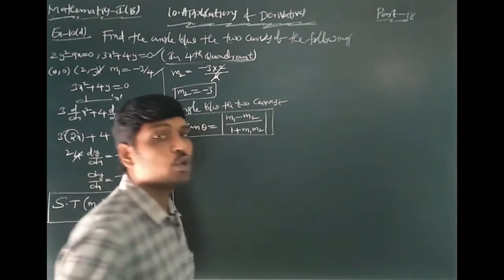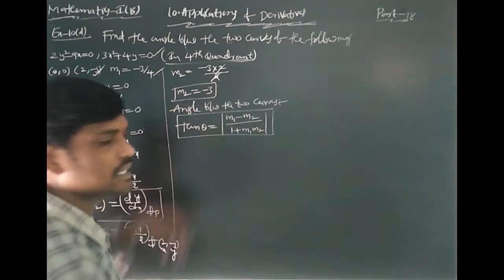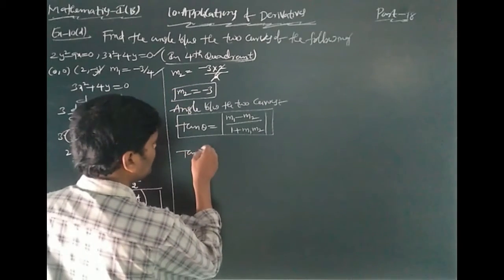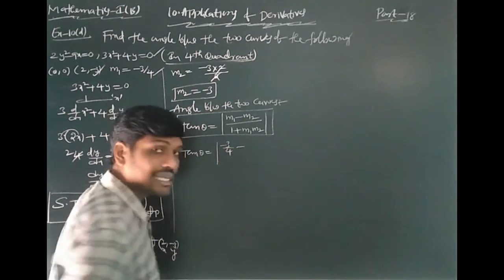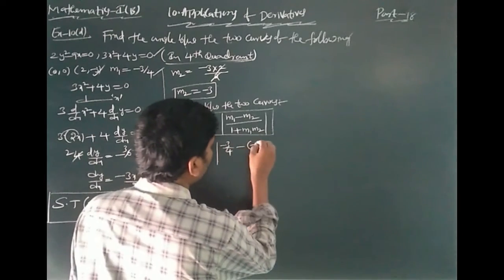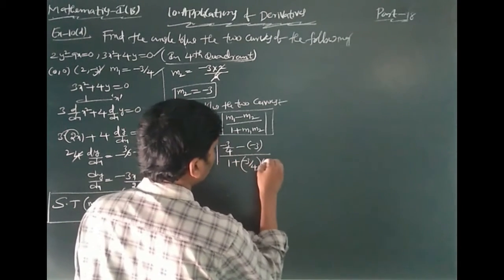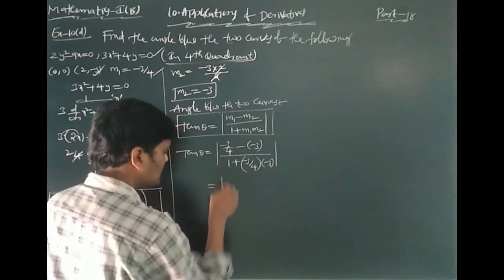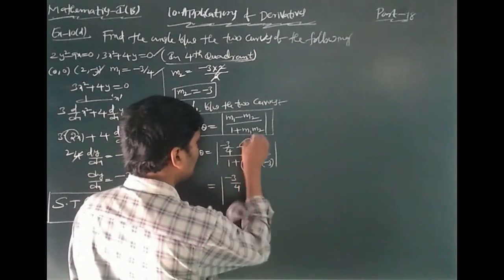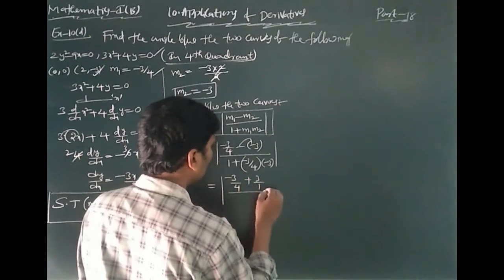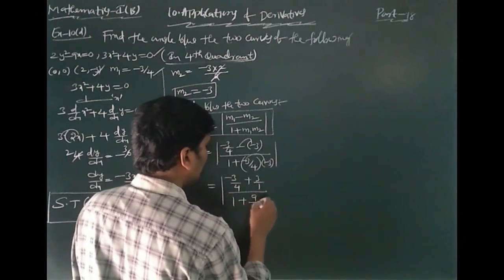In this formula, m1 is −3/4 and m2 is −3. So tan θ equals the modulus of (−3/4 − (−3)) by (1 + (−3/4)(−3)). That is (−3/4 + 3) by (1 + 3 × 3/4), and 3 threes are 9/4.